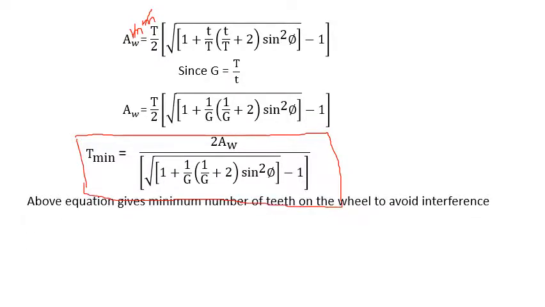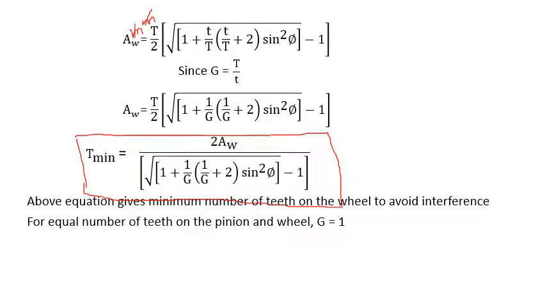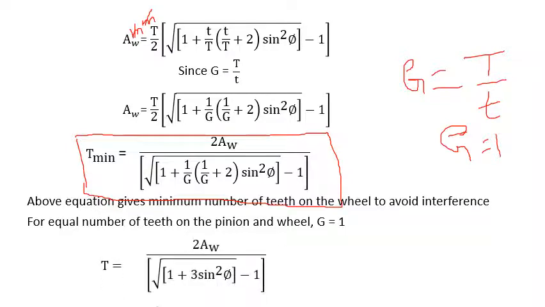Next, suppose equal number of teeth on pinion and wheel. G represents number of teeth on the wheel to number of teeth on the pinion. If these two become equal, then G is equal to 1. So the above equation becomes T is equal to 2 times the addendum of the wheel divided by root of (1 plus 3 sine square phi) minus 1.